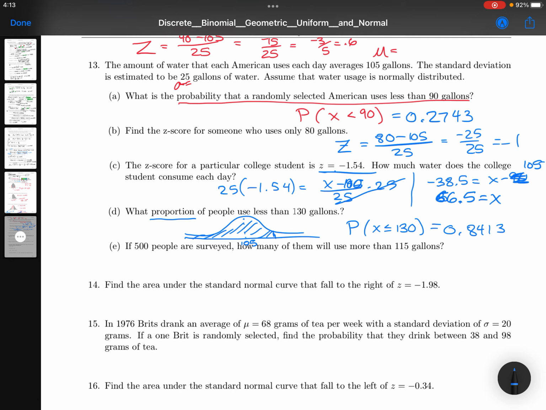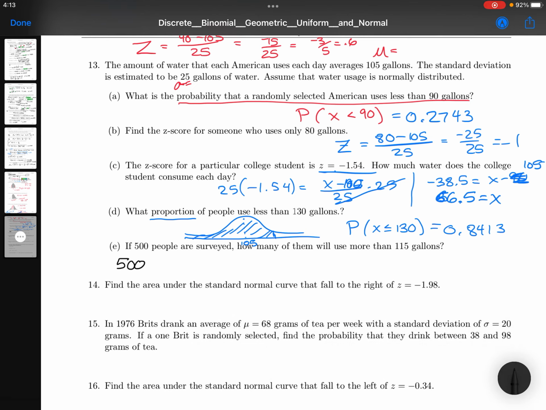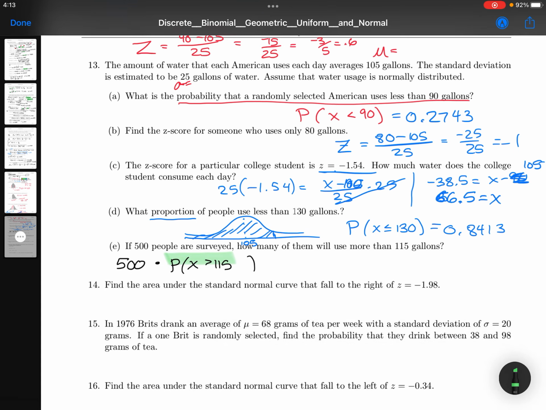Number 13E. If 500 people are surveyed, how many of them will use more than 115? Now, we're still going to find a proportion. So it's 500 people times the probability x is greater than 115, because this is not just a probability, right? This represents a proportion.